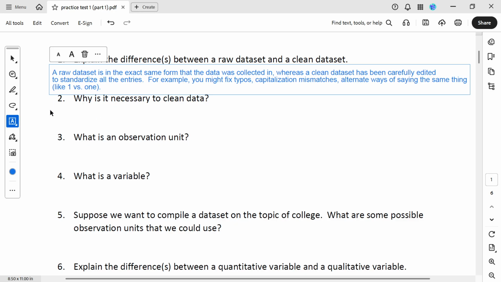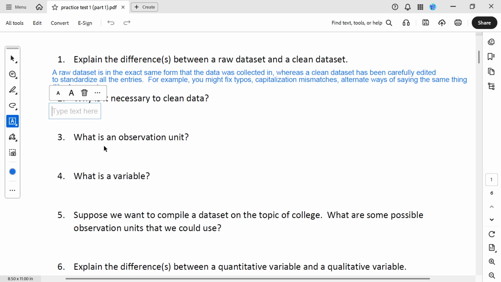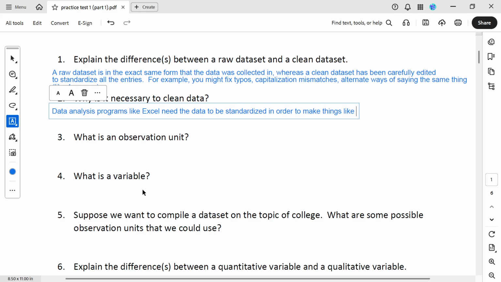Why is it necessary to clean data? Okay, this is because data analysis programs like Excel need the data to be standardized in order to make things like pie charts, take averages.